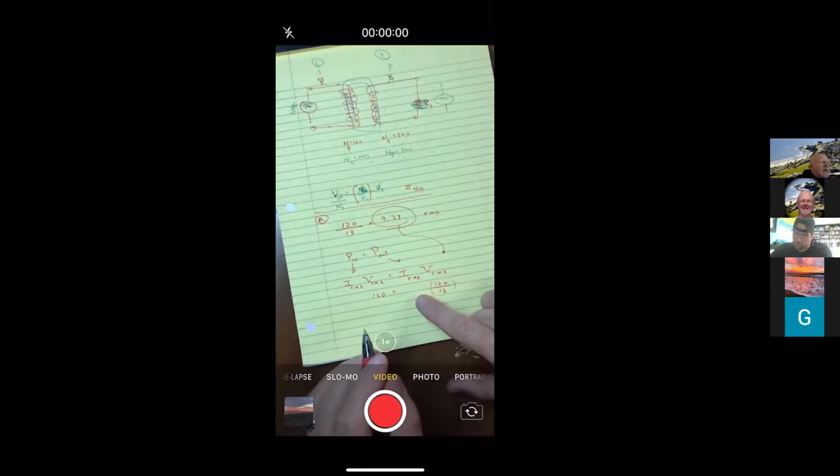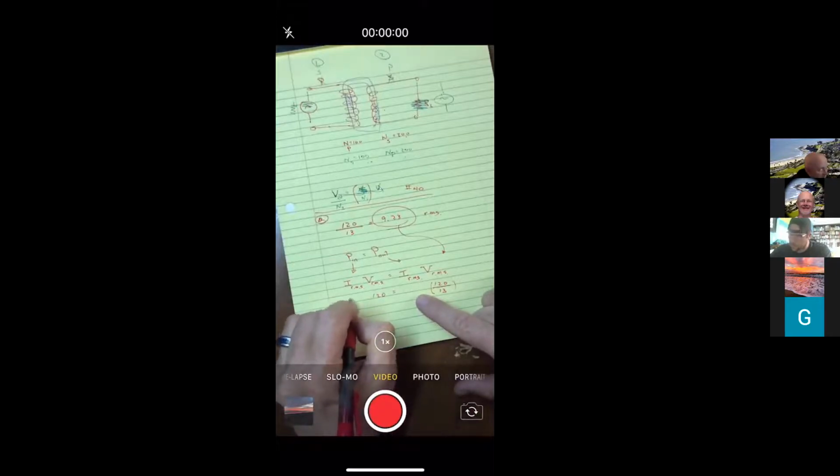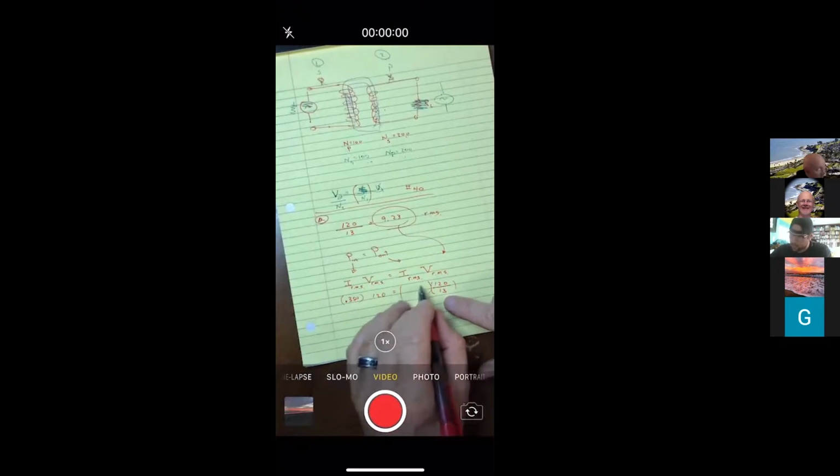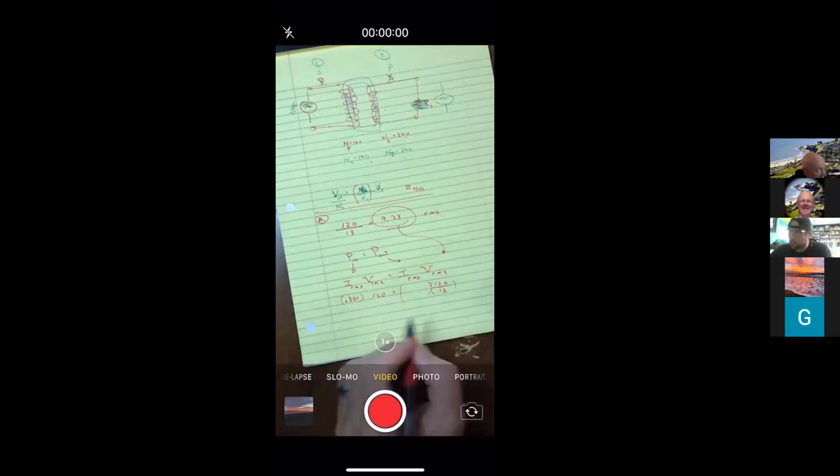Now, which did they give me? They gave me, in a particular ideal transformer, draws 0.35 amps from the outlet. So they're giving me this number. So that means the current over here in the secondary would be 0.35 multiplied by 13.